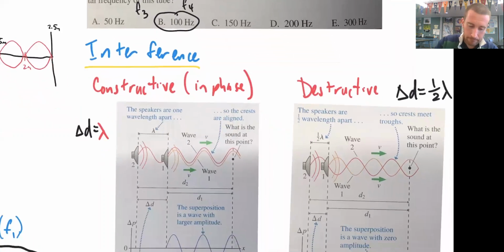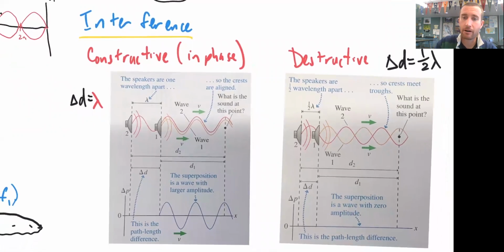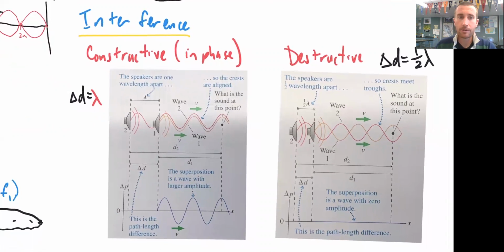All right, so let's talk about some interference in the real world. So we can have constructive and destructive interference. Constructive interference is when two wave sources are exactly one wavelength apart. So here I have a speaker and another speaker, and they're exactly one wavelength apart.